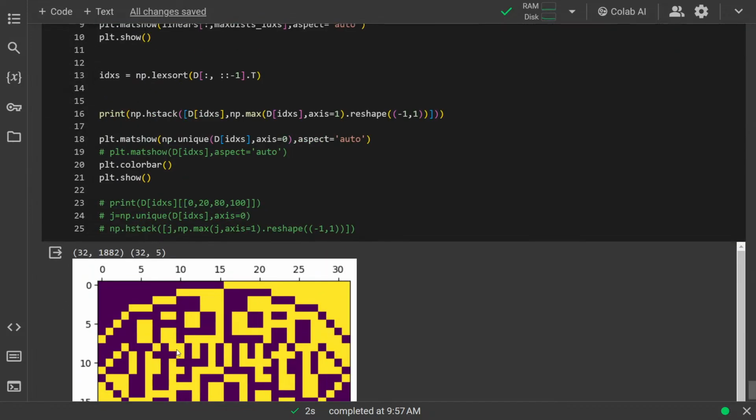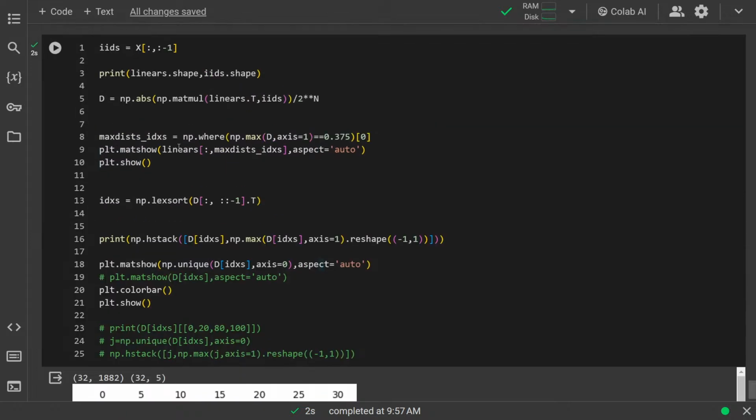Okay, so I need to figure out what I'm calling this matrix. I'm not calling it anything. Or, no, where is it? It's here.